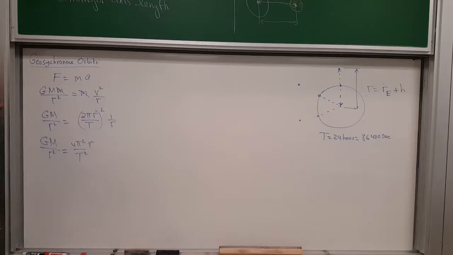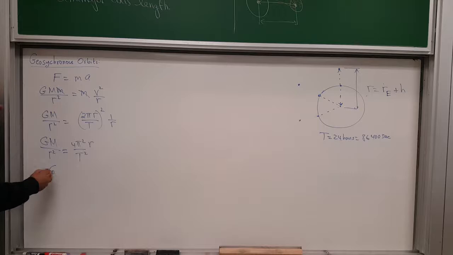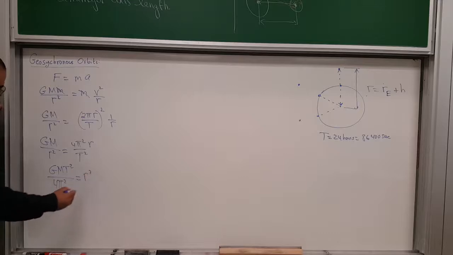And we want r. So multiply by r squared, you get r cubed here, and then multiply by T squared and divide by 4 pi squared. So you get capital G M T squared divided by 4 pi squared equals r cubed.